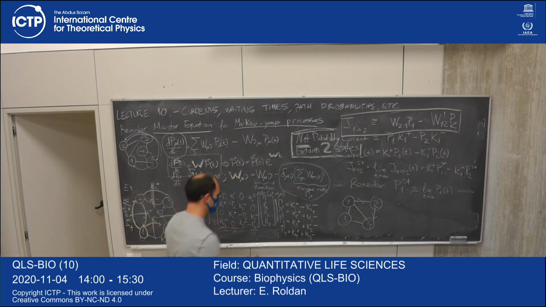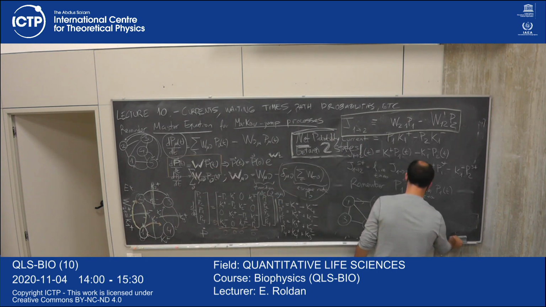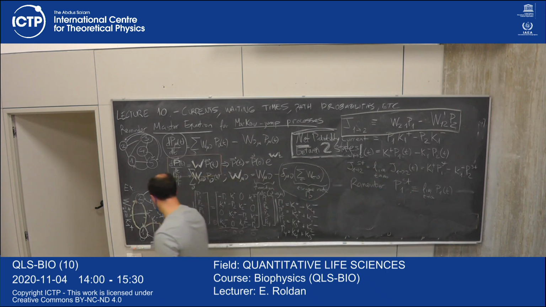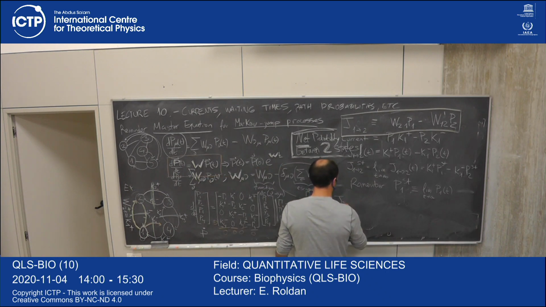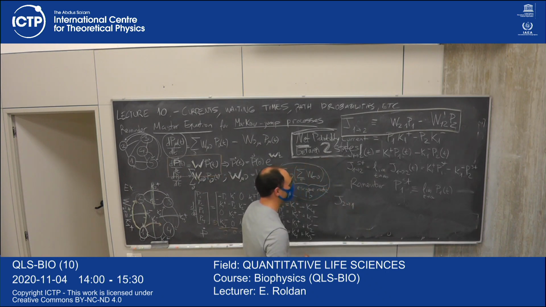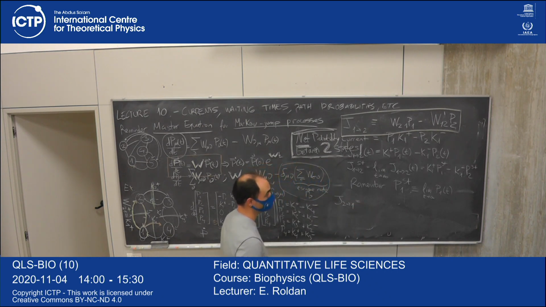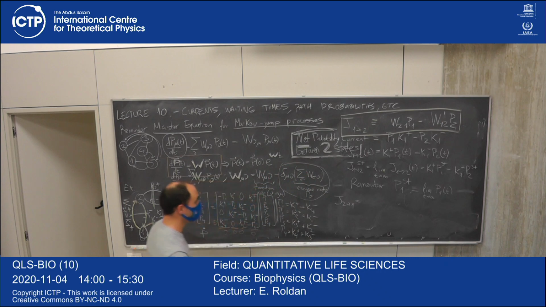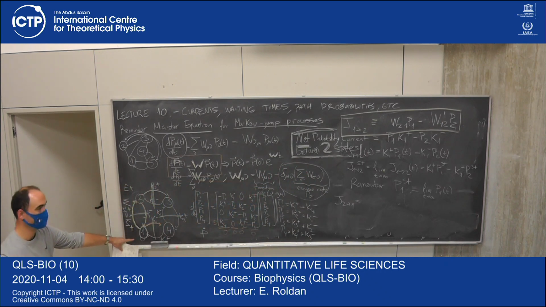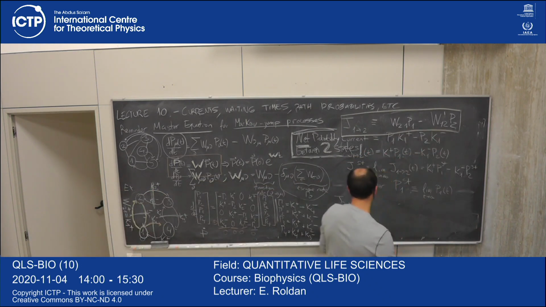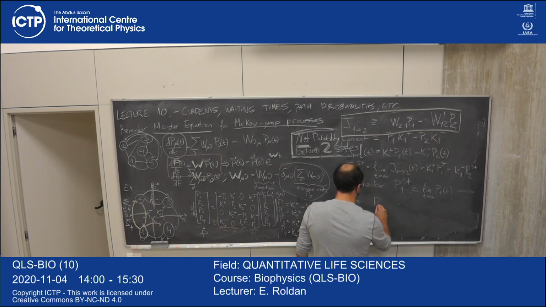Yes. Okay, and you can do the same game with any two states. So you can also define J 2 to 1. What would be J 2 to 1? Anyone? Is it just the negative? Sure. So it will be from 2, I go to 1.